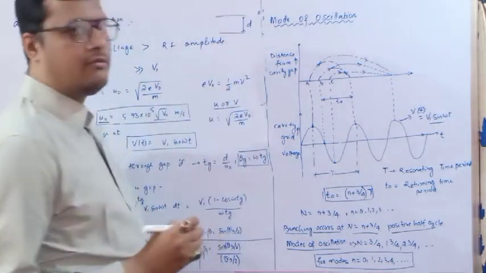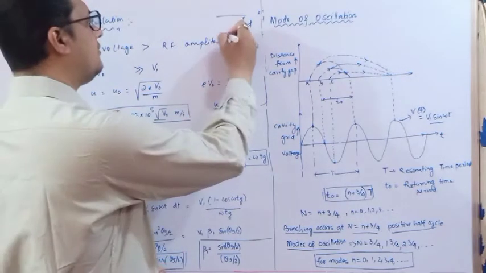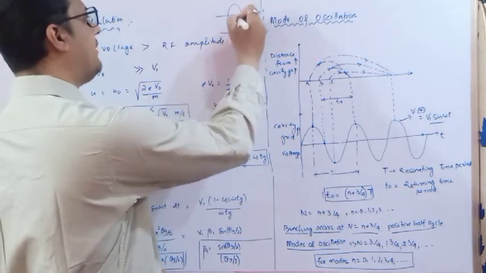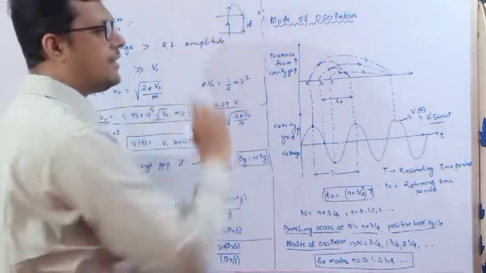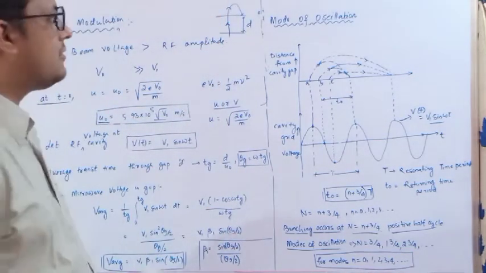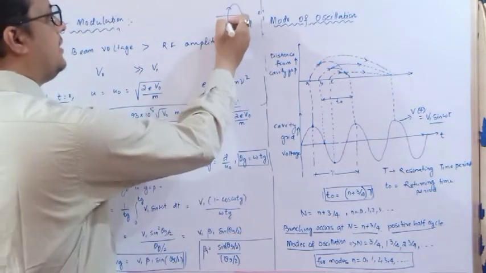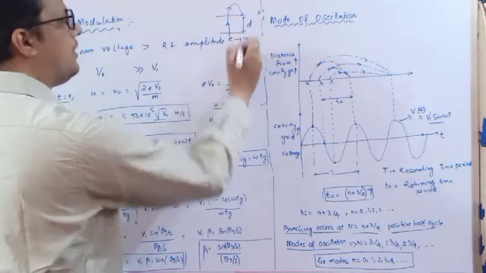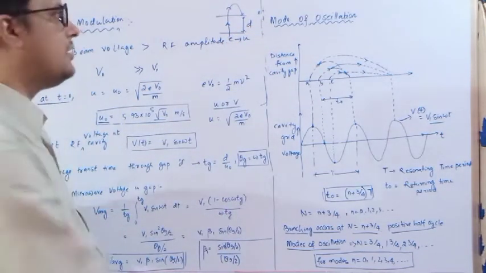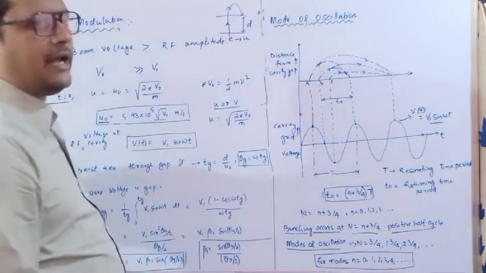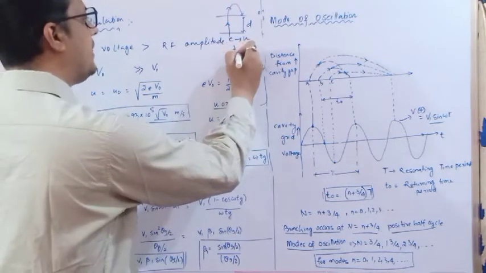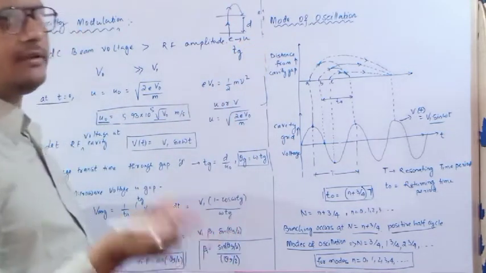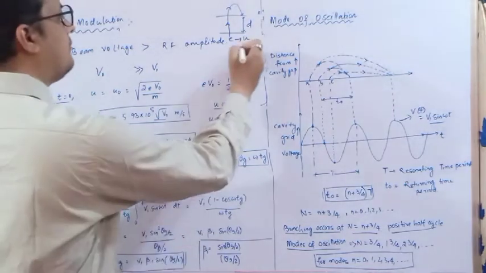Now when the electrons are crossing through this gap and returning back to the cavity, for example this is only one electron I am discussing, the electron has its own velocity. When it is crossing this gap, it has the transit time, that is Tg, what we have discussed last class.